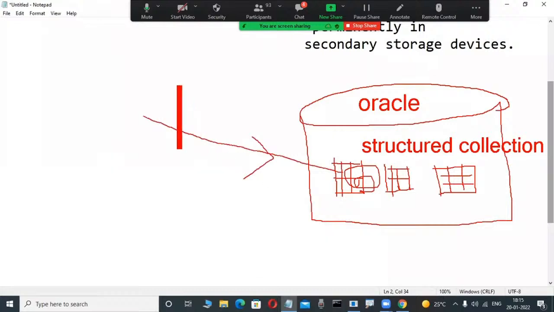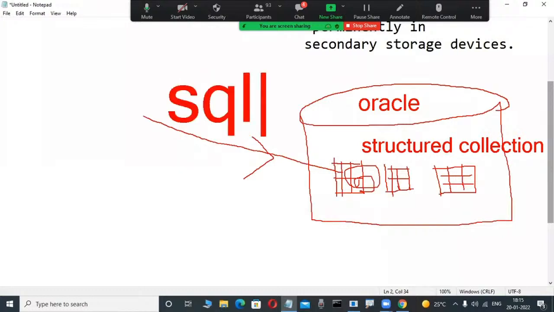What is that language? SQL, Structured Query Language. Through this language only, we operate on structured data in relational databases.